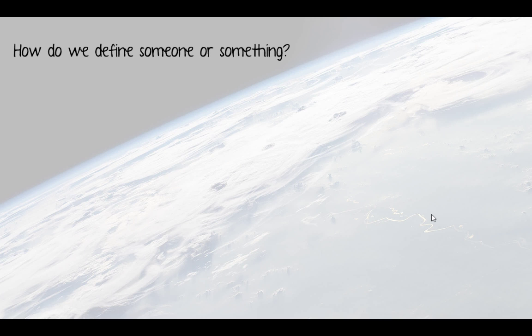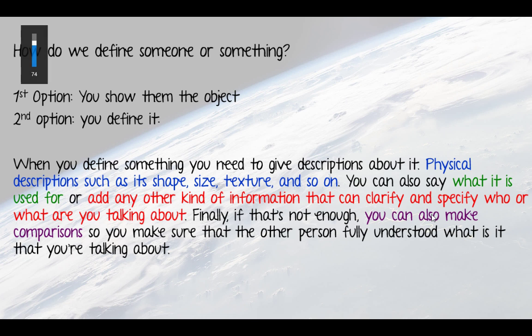Giving descriptions about it, like physical descriptions such as its shape, size, texture, and so on, right? Or you can also say what it is used for. For example, helmets are used to protect the head.